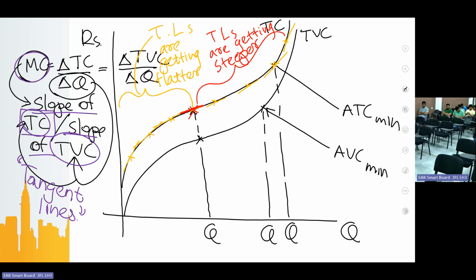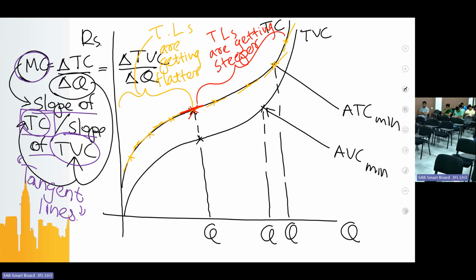This is a little bit steep, and the steepness decreases. Steepness is the minimum. That means the tangent line is the flattest at this point. After reaching this point, the tangent lines are getting steeper.